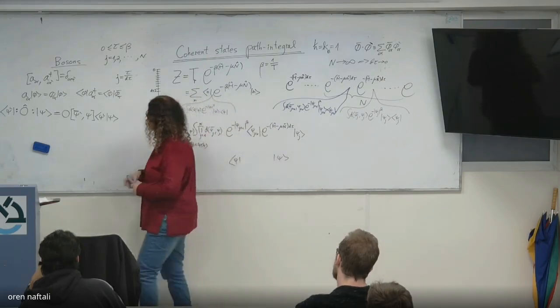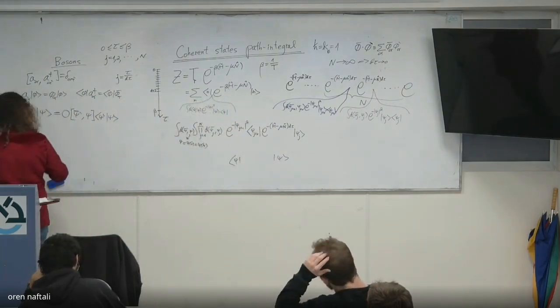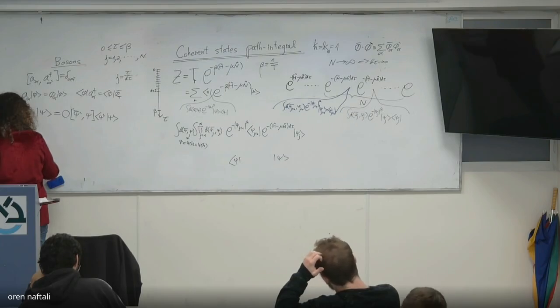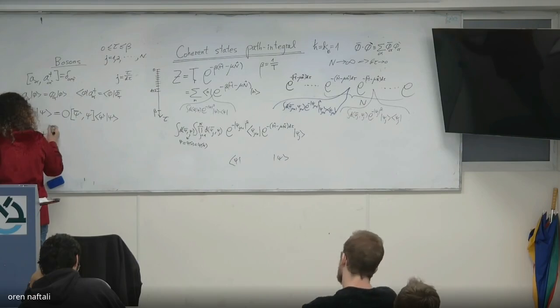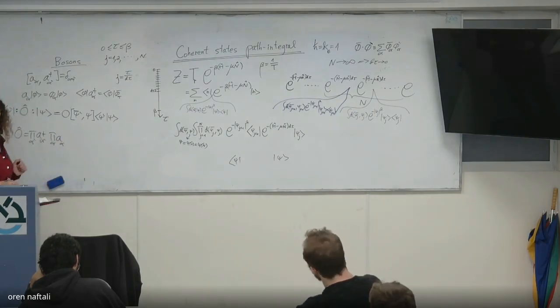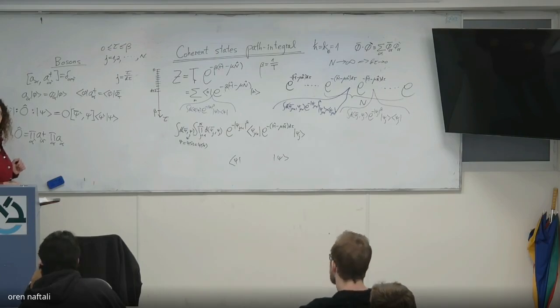Okay, let me give you an example. Let me actually write down a general thing. So if O is, let me write it as some product of alpha prime A daggers. Okay, this is, if you like, the most generic expression for a normal ordered operator. And maybe not the most generic, because you can have linear combinations of just such things, but let's just take one term.